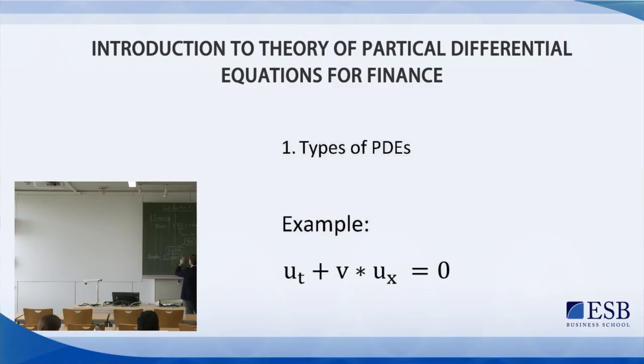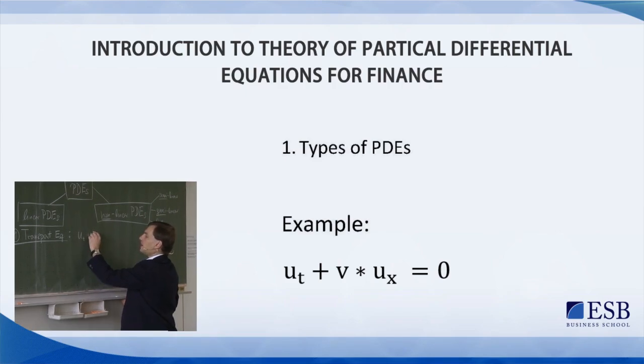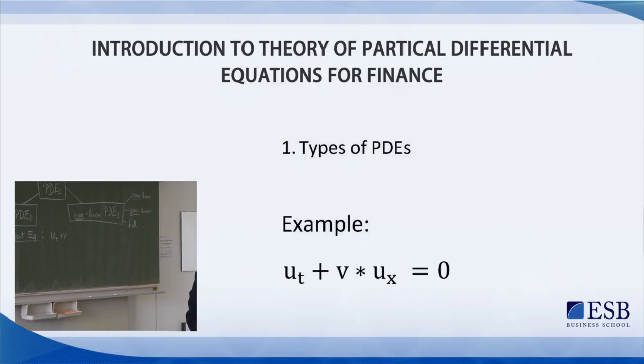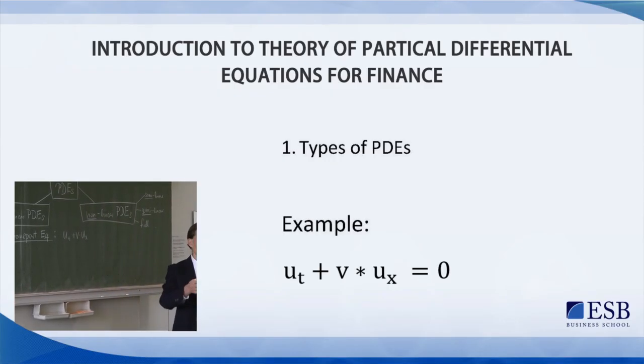This partial differential equation looks like this: there is a derivative of a function u with respect to t, plus v, which you can say is the speed of the substance moving in this river, because the water has a certain speed in this river, and that is this velocity, times u_x, the first partial derivative of this function u with respect to x. x is the space variable, right?